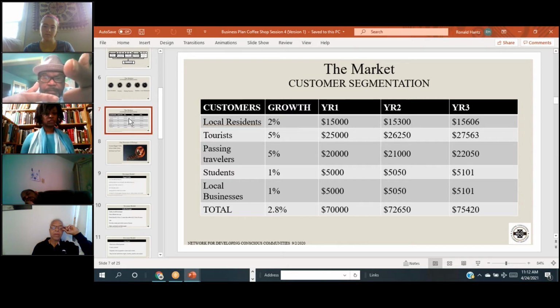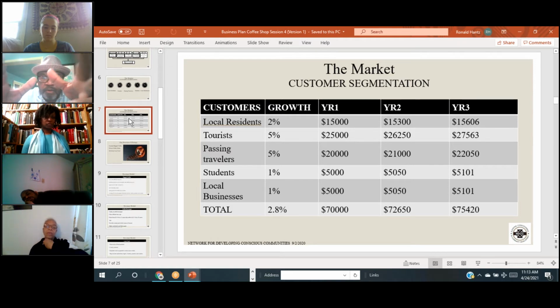Local government, private businesses. Then if it's local government, what government agencies? What private businesses are you going to find that want to establish those market shares with you?